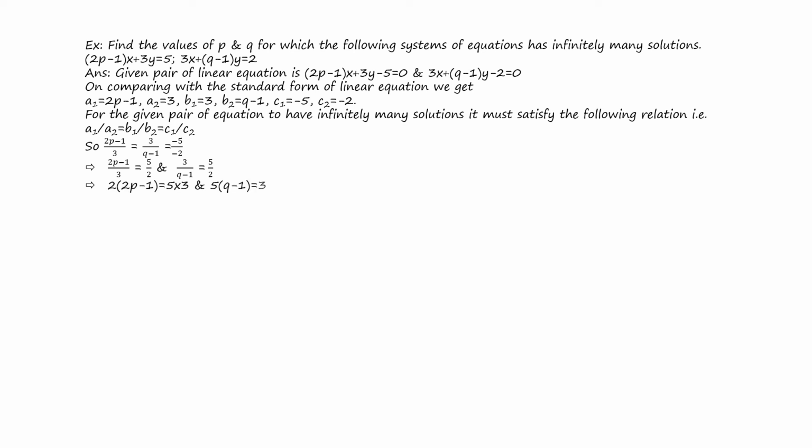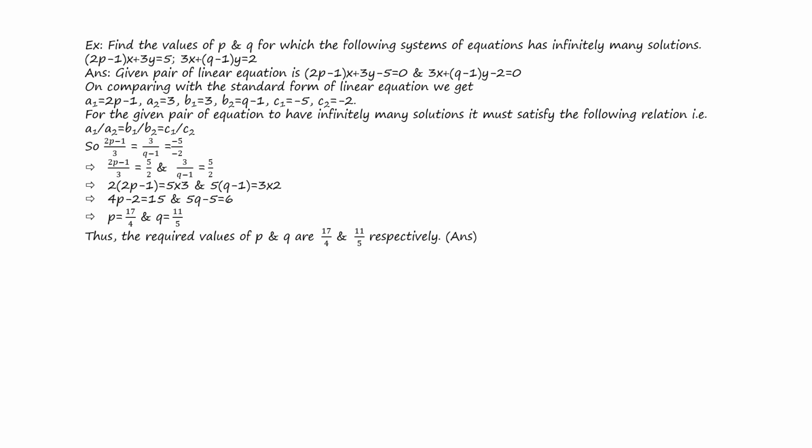From solving, we get 2 into (2p minus 1) equals 5 into 3, and 5 into (q minus 1) equals 3 into 2, or 4p minus 2 equals 15, and 5q minus 5 equals 6, or p equals 17 by 4 and q equals 11 by 5. So the required values of p and q are 17 by 4 and 11 by 5 respectively.